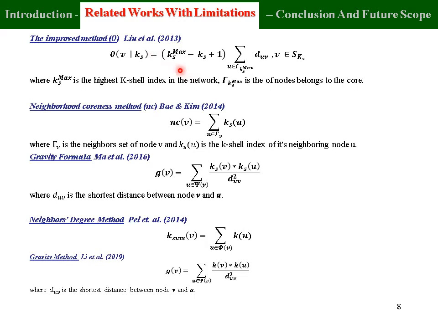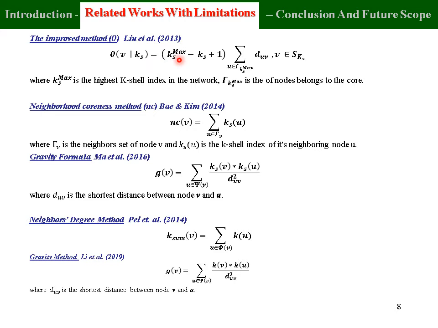In their formulation, Ks max is the highest KS value, that is, the core shell nodes' KS index, and Ks is the KS value of the concerned node V, for which we are computing the measure. Ks max is the maximum core shell.